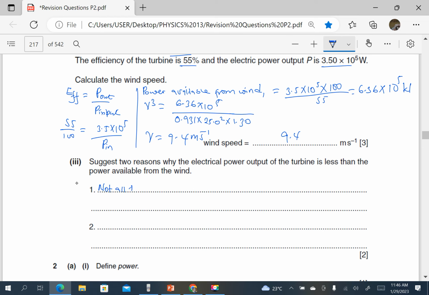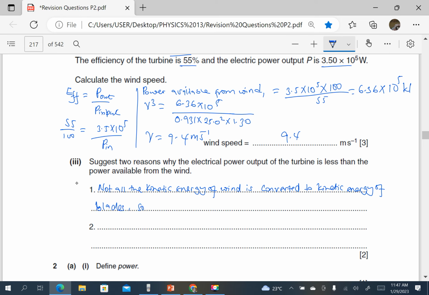So not all the kinetic energy of the wind is converted to kinetic energy of the blades.